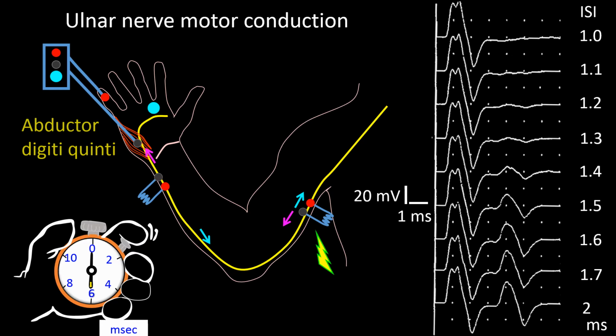Thus, the first wave is created. 1 millisecond later, the proximally traveling wave from the wrist and the distally traveling wave from the first axillary stimulation collide. As this is going on, that is 1 millisecond after the first stimulation in the axilla, a second axillary stimulation is carried out.